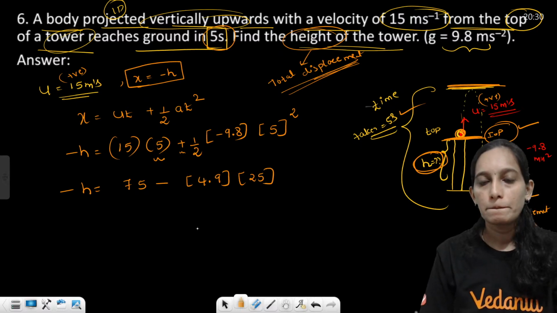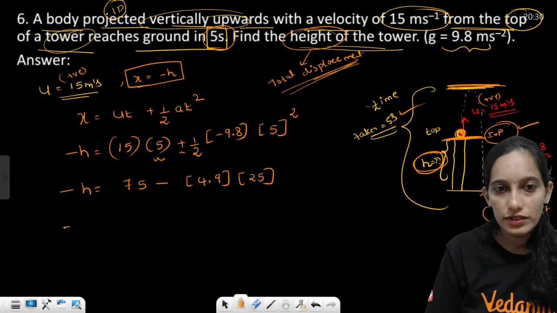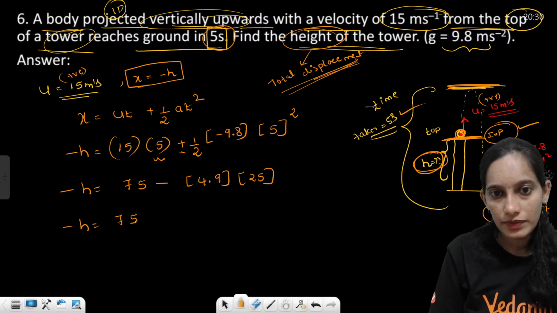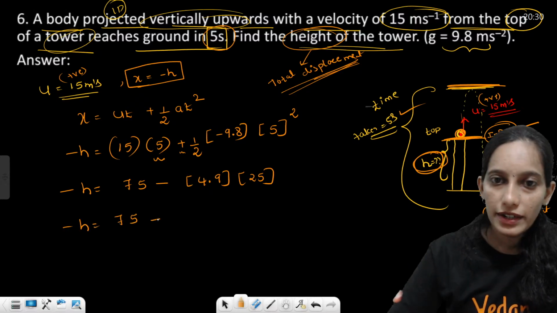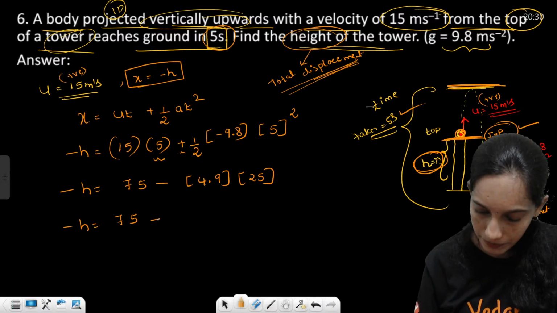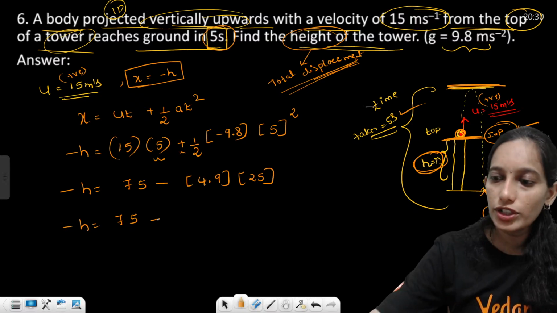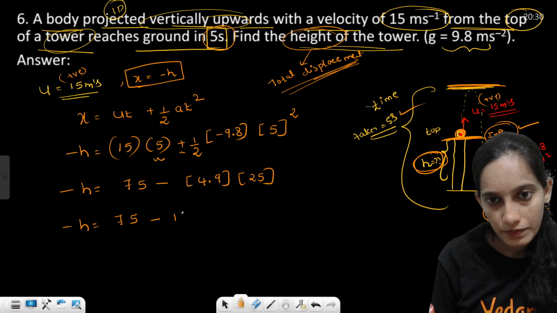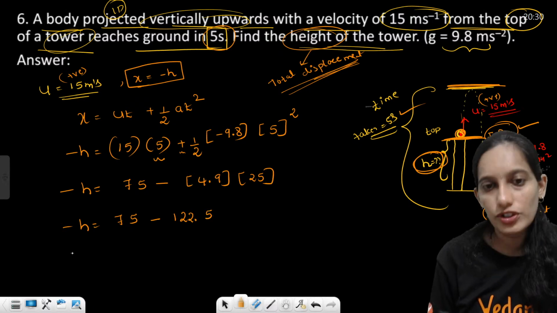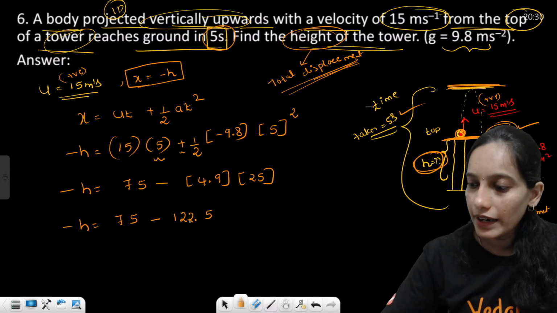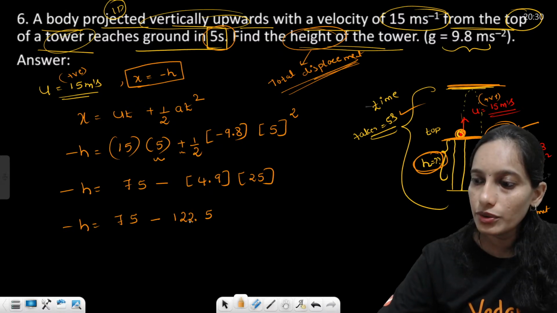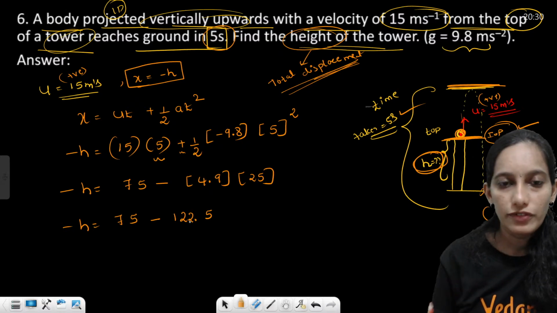Simplifying further, let me multiply 4.9 into 25. That is 122.5, so you can also cross check later. And minus 75, we get 47.5.